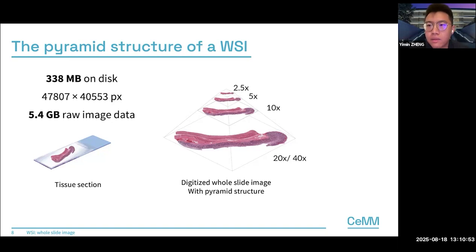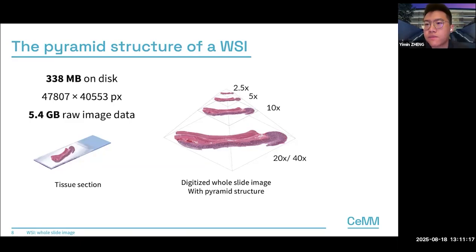The way we handle this type of data is we create pyramid structures. We rescale the images at different magnification levels. For example, if you scan the image at 20x, you can rescale it down to 10x, 5x, and 2.5x.